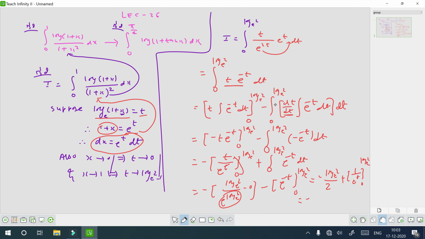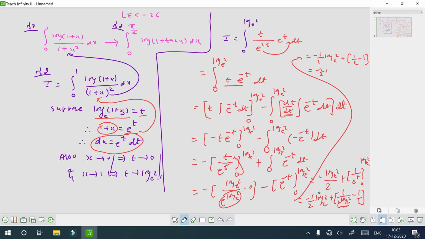Put the values: minus half log 2 base e. Here put upper limit, 1 upon e raised to log 2 base e minus 1 upon e raised to 0, that is 1. So what is the answer? Next step: minus half log 2 base e plus, this comes out 2, 2 minus 1.